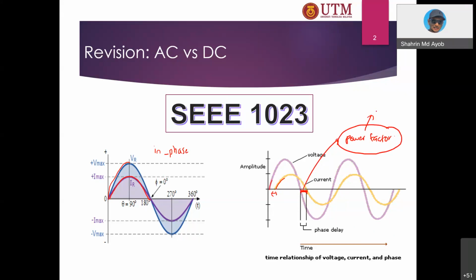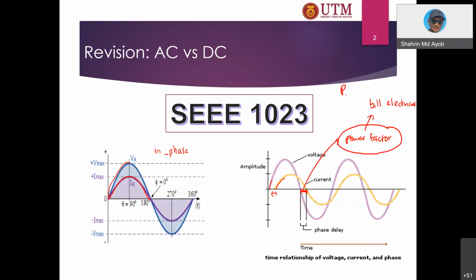Power factor will affect your electrical bills. If you have a high power factor, you will reduce the bills, but if you have a low power factor, your electricity bills will increase.